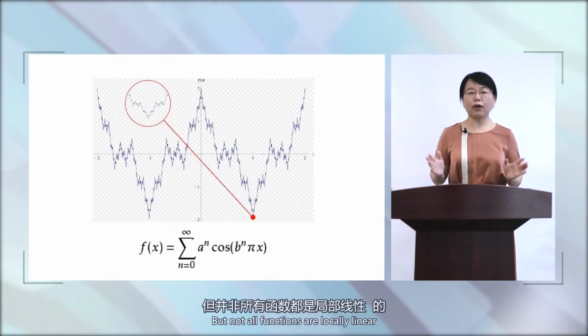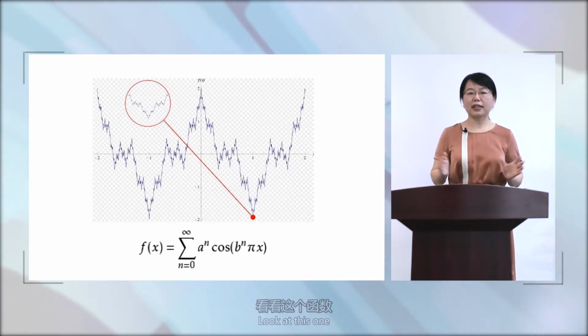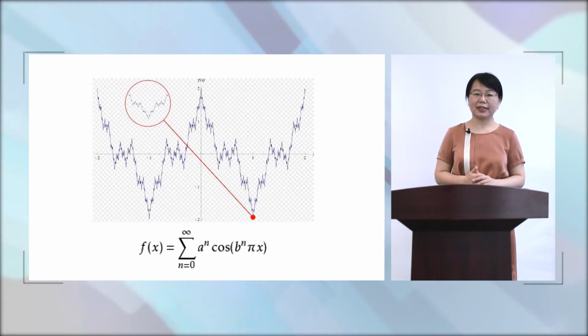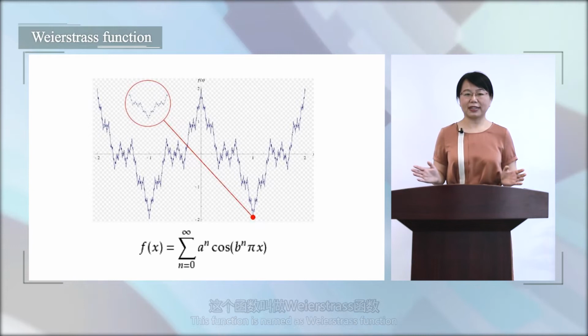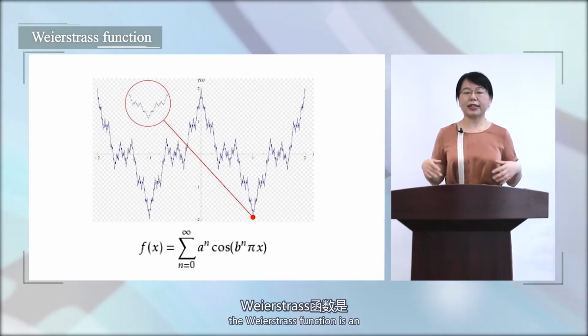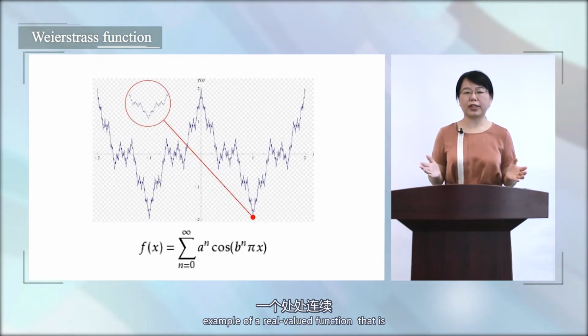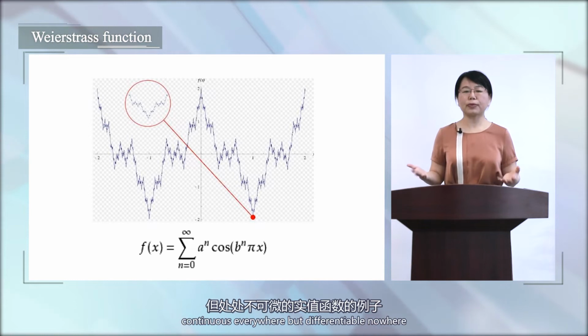But not all functions are locally linear. Now look at this one. This function is named the Weierstrass function. In mathematics, the Weierstrass function is an example of a real-valued function that is continuous everywhere but differentiable nowhere.